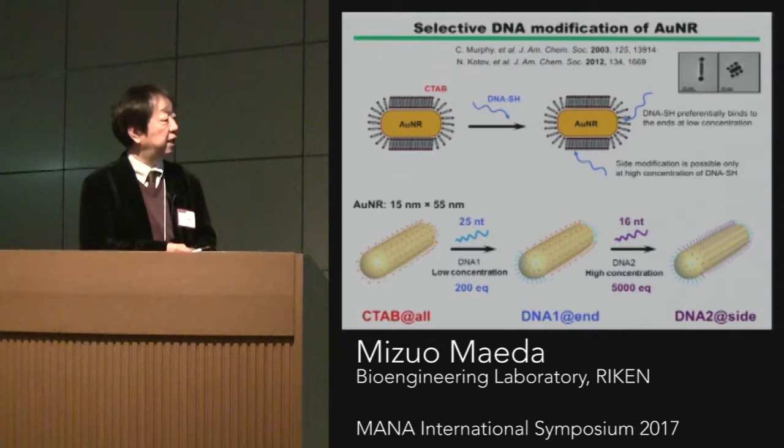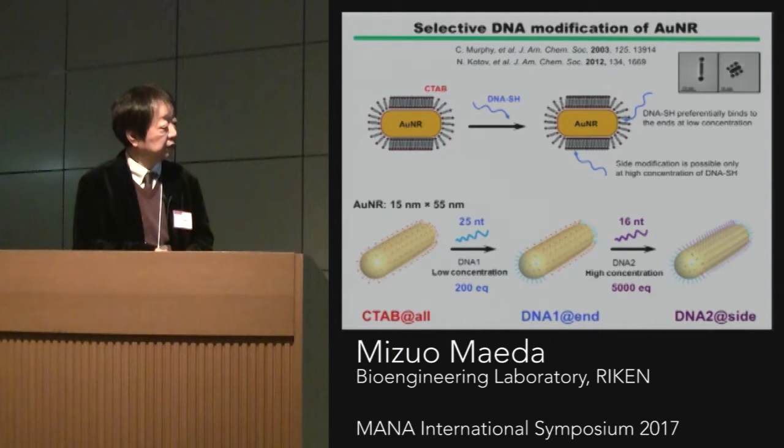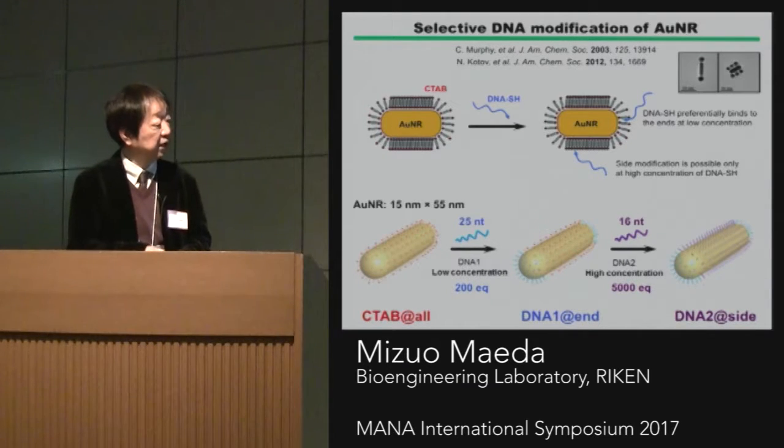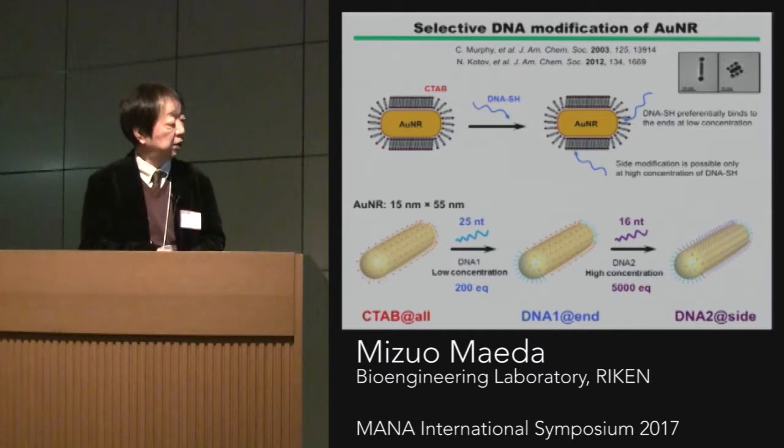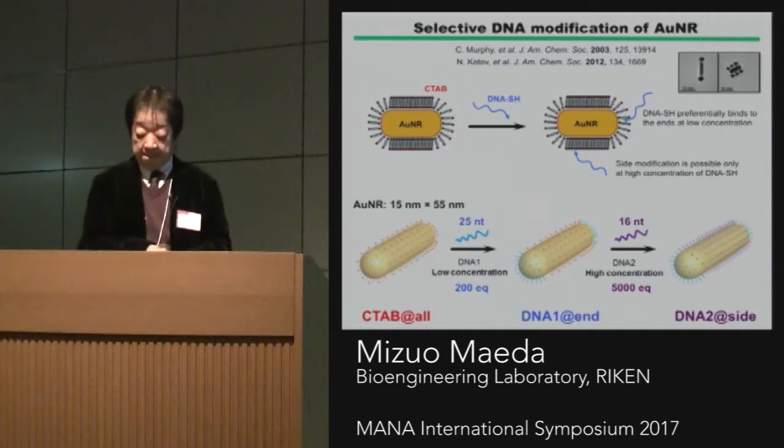So with using his idea, we modified the surface of gold nanorod with one DNA at relatively low concentration and a second DNA at relatively high concentration. So DNA number 1 is immobilized at both ends, and DNA number 2 is immobilized on the side surface.